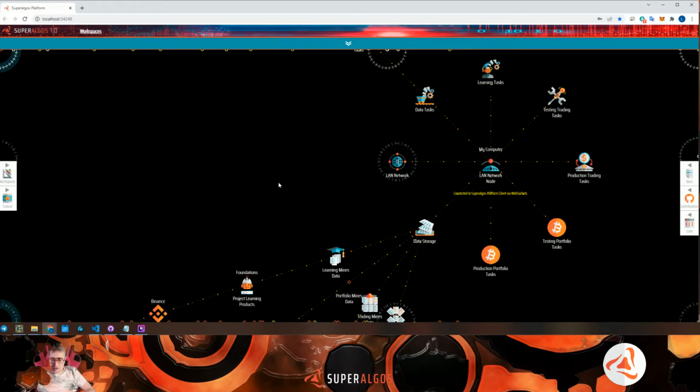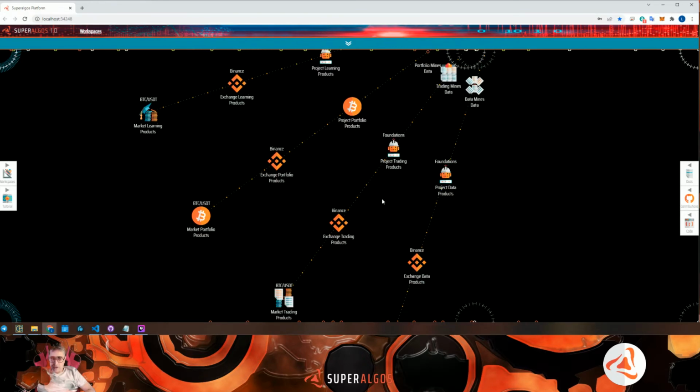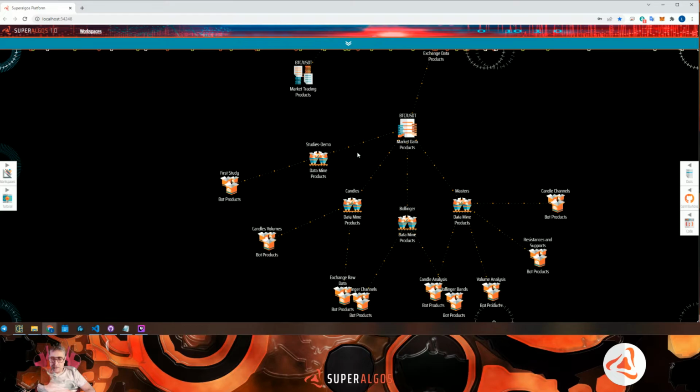So how do you think the study bot is going to guess where Bollinger Band's data is being stored? It cannot guess. There is no magic here. The way that it knows is because it comes here to the network node or to each of the nodes here, and it's going to scan this and it's going to see where exactly this is configured.